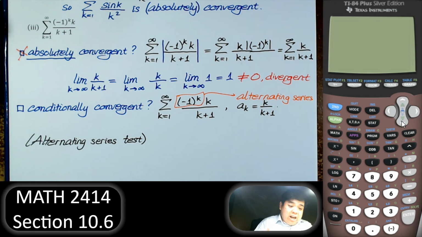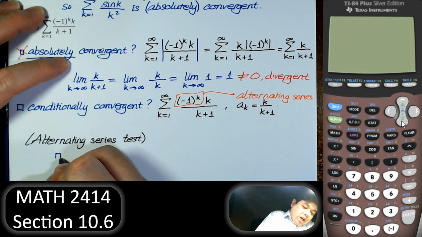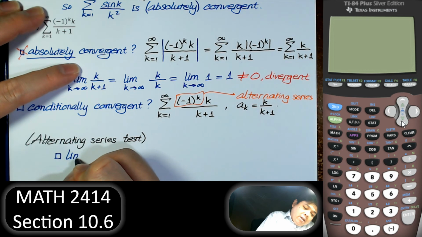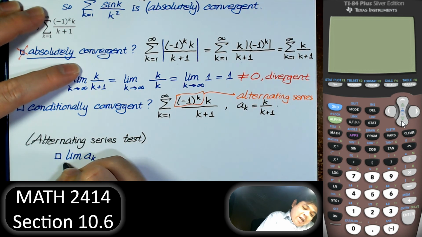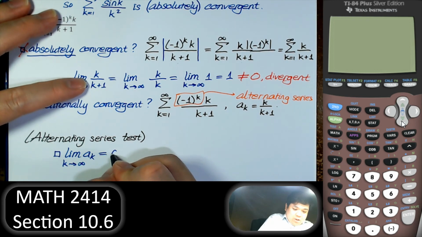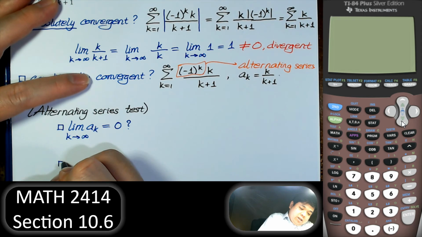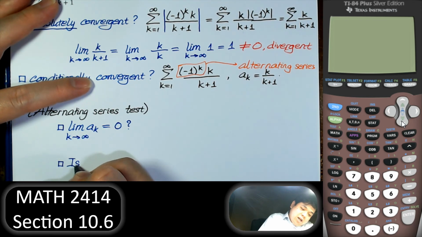So because the alternating series is easy to recognize, the alternating series test is usually very common to use too. Because if it is an alternating series, the test certainly works. Right, now we check two things. What happens to a sub k as k goes to infinity? Is that equal to 0? Or is the term non-increasing? Those are the two things we need to check.